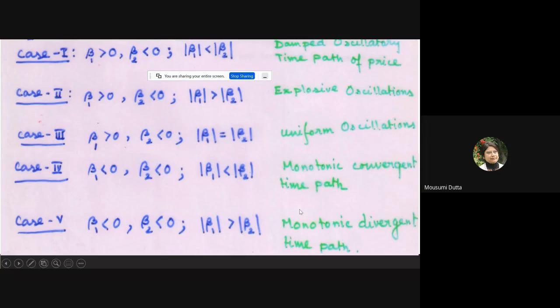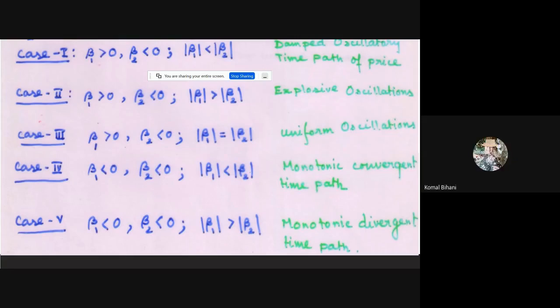this condition. Beta 1 less than 0, beta 2 less than 0. That is, I am considering this particular case. Both the demand and supply curves are negatively sloped. Now, what is beta 1? Anyone? It is the slope of the supply curve.